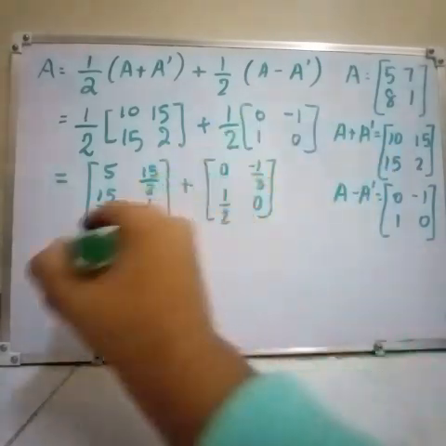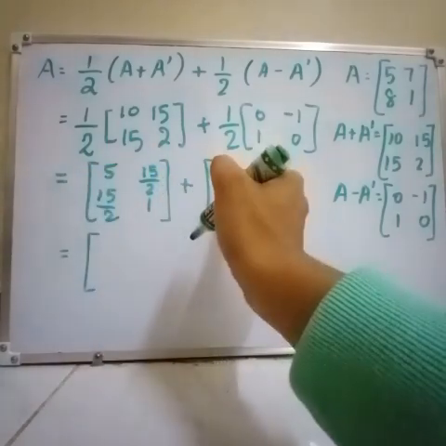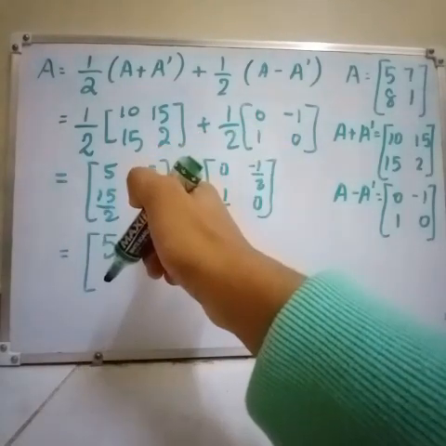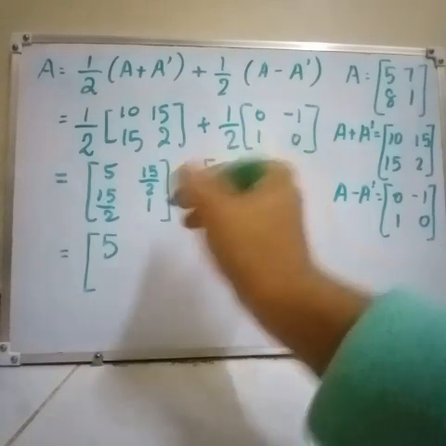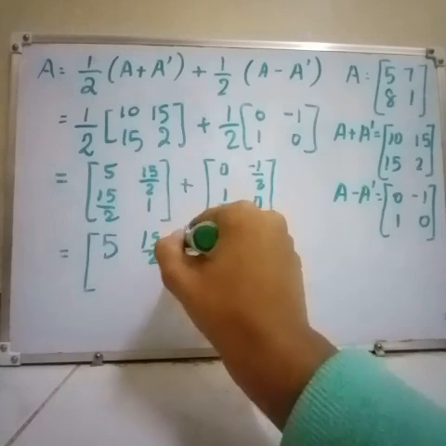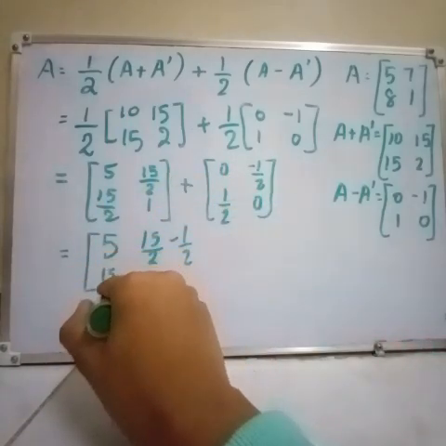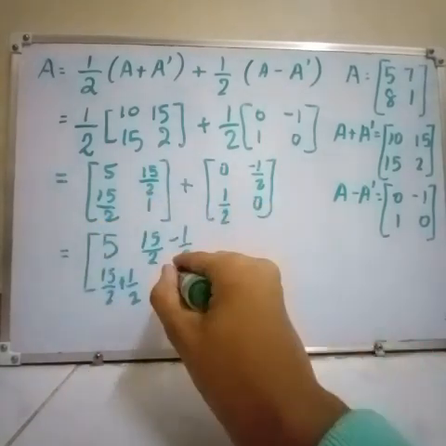Now we have to just add both of them and check what's the answer. 5 plus 0 would be 5, 15 by 2 minus 1 by 2, and this is 15 by 2 plus 1 by 2, and 1 plus 0, so 1.